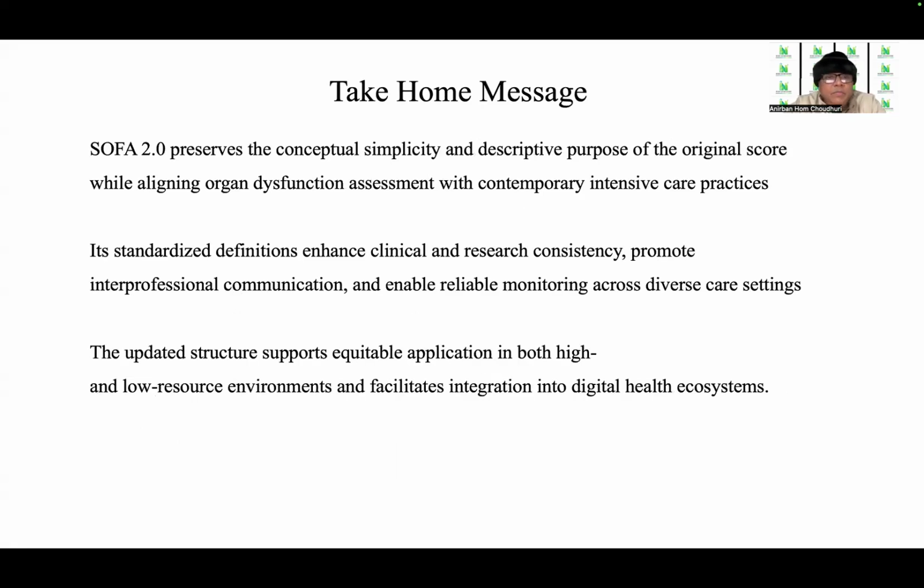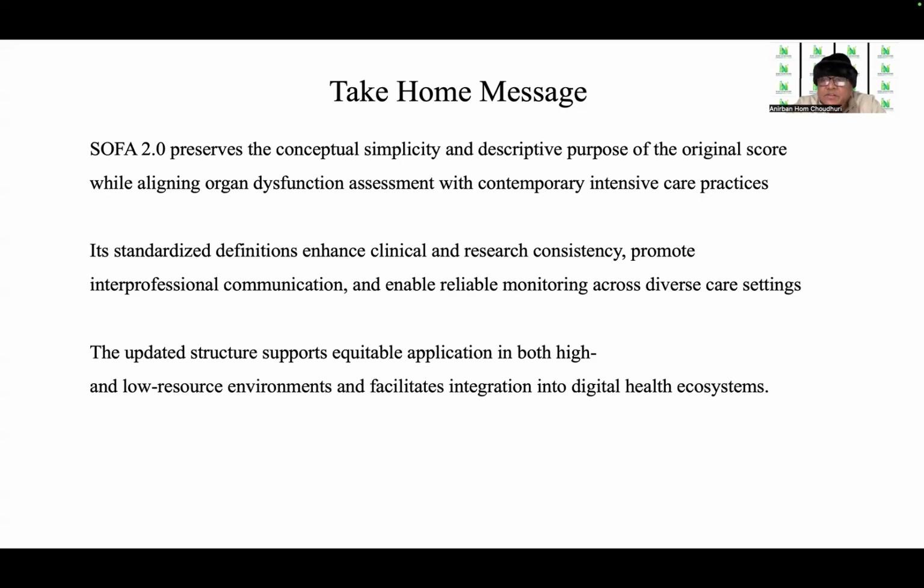So the final take-home message would be that SOFA 2 preserves the conceptual simplicity and descriptive purpose of the original score while aligning organ dysfunction assessment with contemporary intensive care practices that are considered the best practices, of course. And its standardized definitions enhance clinical and research consistency, promote interprofessional communication, and enable reliable monitoring across diverse care settings.